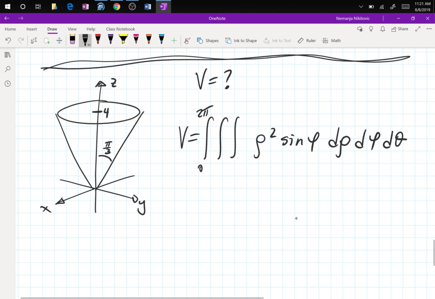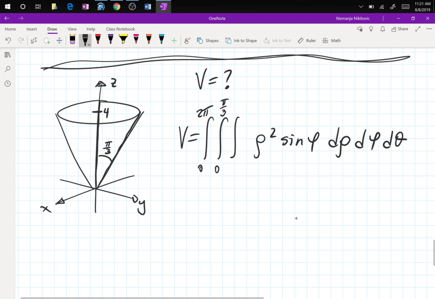Now phi is 0 along the z-axis, and then pi over 3, so 0 to pi over 3 on phi, because that's the separation that you have, right? And then when this one goes around, it creates the cone. So you have the z-axis, it falls down pi over 3, and then you go 2 pi to create the cone around it.